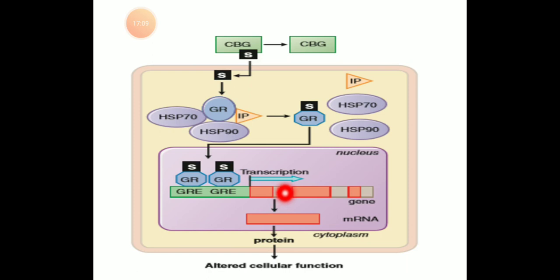Now the gray ones are called introns and the orange ones are exons. During the transcription process, these introns are separated and exons are binding with each other and help in the formation of mRNA. This ultimately leads to translation and formation of a new protein. So this is the way by which the glucocorticoids act at the molecular level.